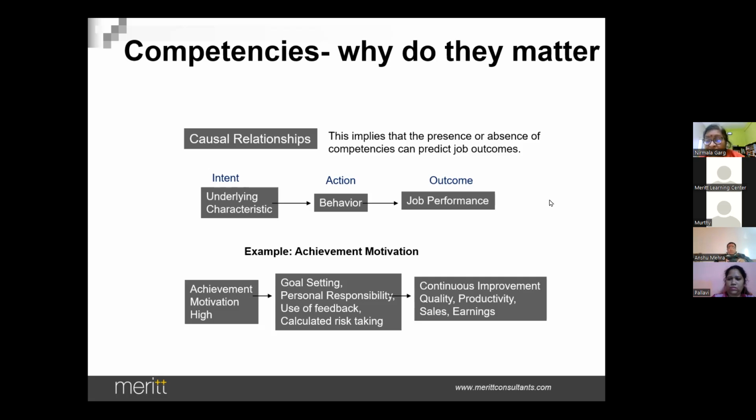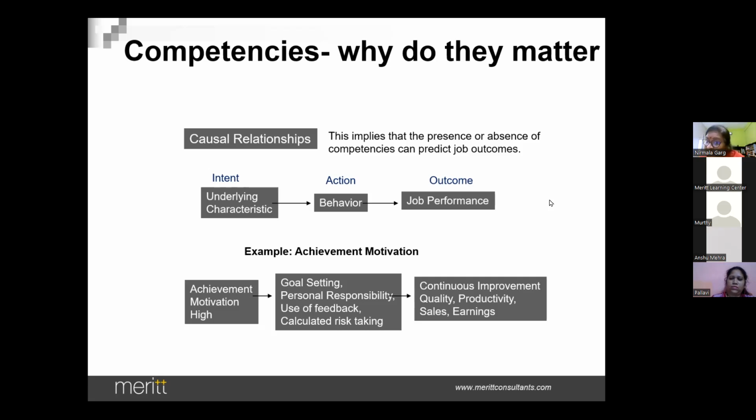I said a person who will be very high on affiliation. Affiliation means being closer to people. An HR person has to be high on affiliation. That means he has to build bonds and have good interpersonal relationships. I have to understand, I have to listen, I have to take feedback from people, because I want to be really close and understand people.